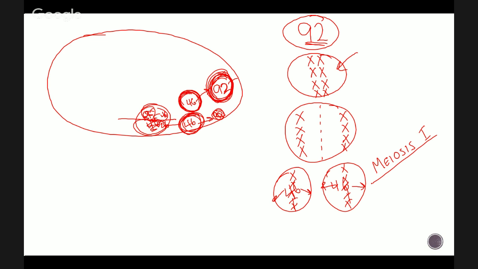So now meiosis 2 is where we take these cells with 46 chromosomes each. They're not identical. This is not identical to this one. You follow me? Okay, so we split these now. We have 1, 2, 3, 4 sperm. Got it?